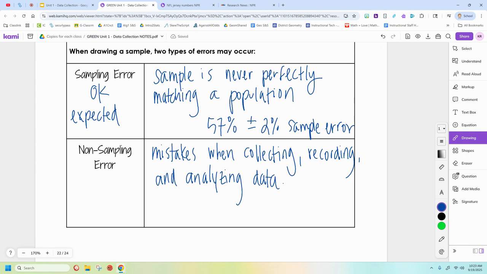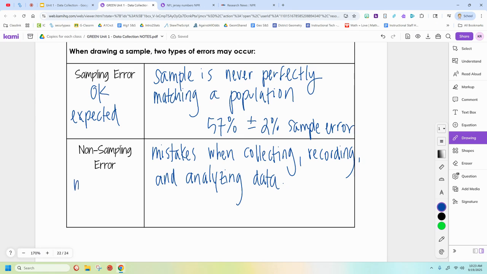So did I type the right numbers into my calculator, or did I accidentally use my random numbers? Did I have the wrong title on data and make a mistake when talking about different forms of sampling? So those, it's not a sampling error just that's due to chance. A non-sampling error is like an error in process.